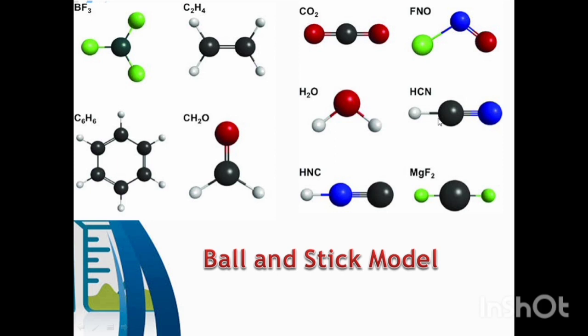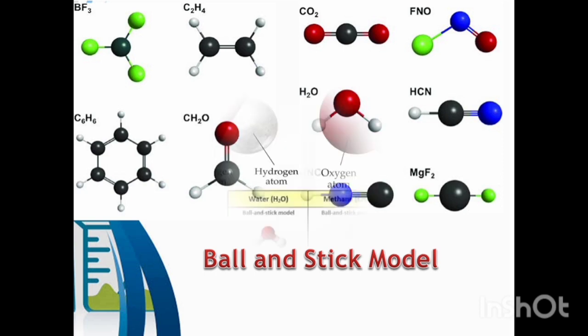Then here we have the carbon, hydrogen, and nitrogen. Next we have the hydrogen, nitrogen, and carbon. Then another one, we have the magnesium difluoride, 1 magnesium and 2 fluoride. Those are the different examples of a ball and stick model.